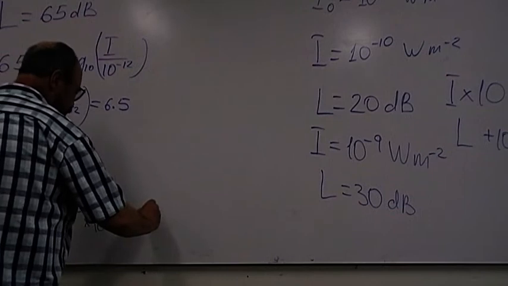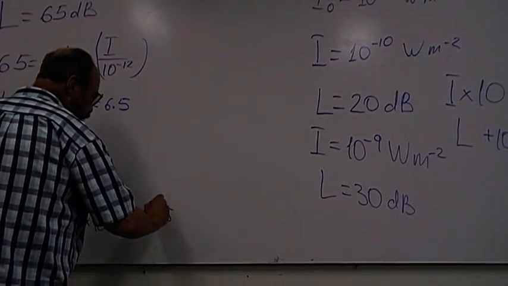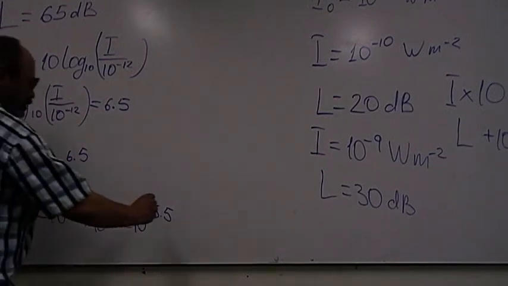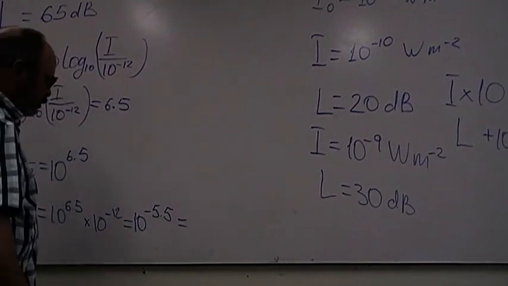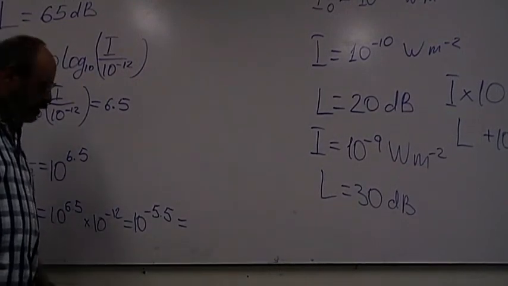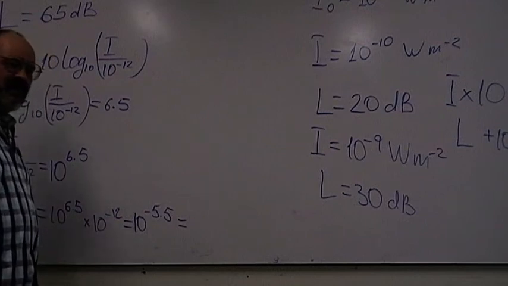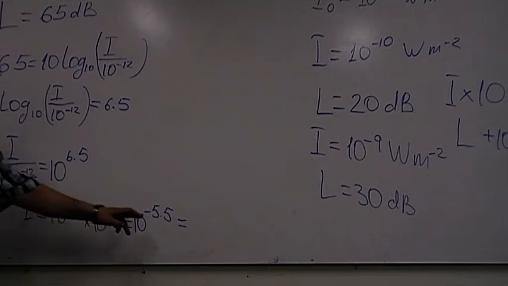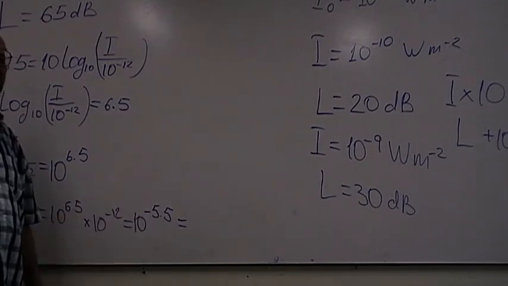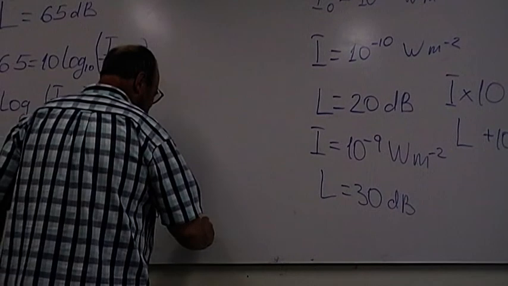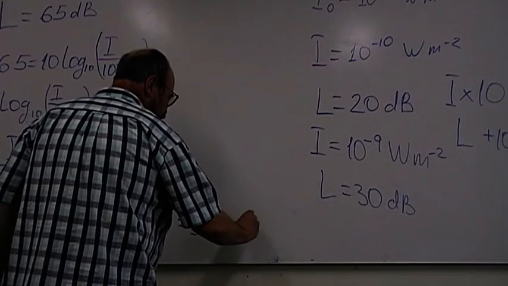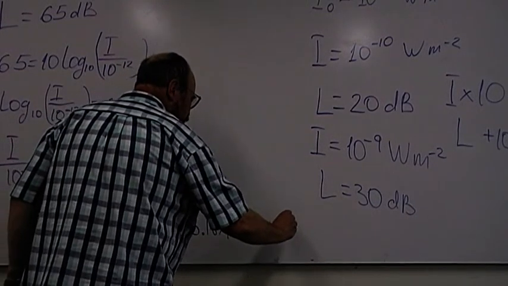And then you put it into the calculator and you will get 3.16 times 10 to the negative 6. 0.000003162, so 10 to the negative 6, sorry. The intensity is 3.16 times 10 to the negative 6 watts per meter squared.